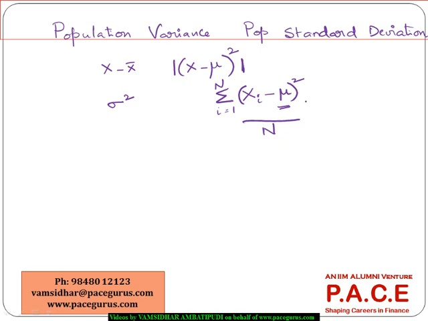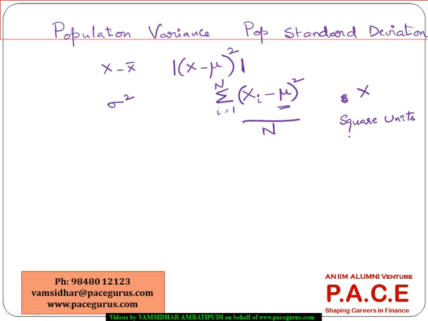But this is in squared units. My data is in some units, but when I am looking at the population variance, because I have squared it, the units of that resultant variance are squared units. So I want a measure that comes back to units similar to my data.